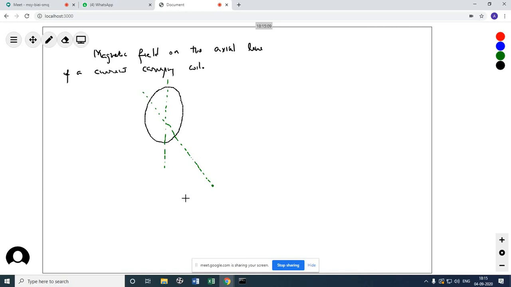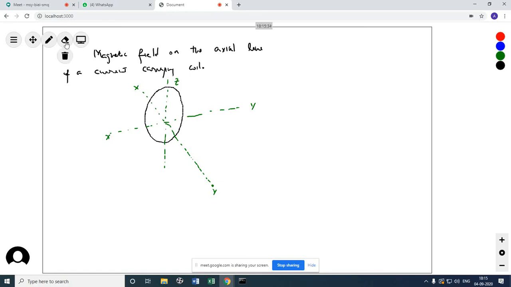Those dots, those lines, you can skip. No need to draw that. This line is also not there, this is also not there. Okay, now may I clean the board?